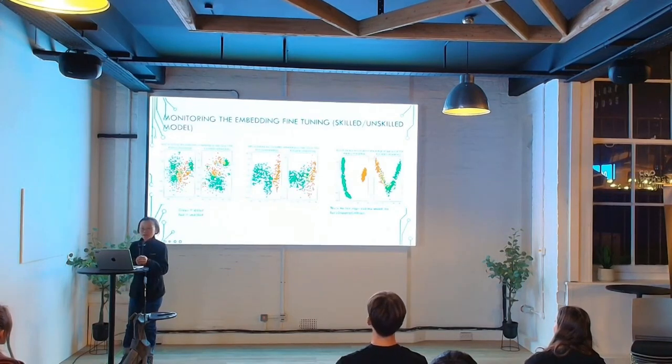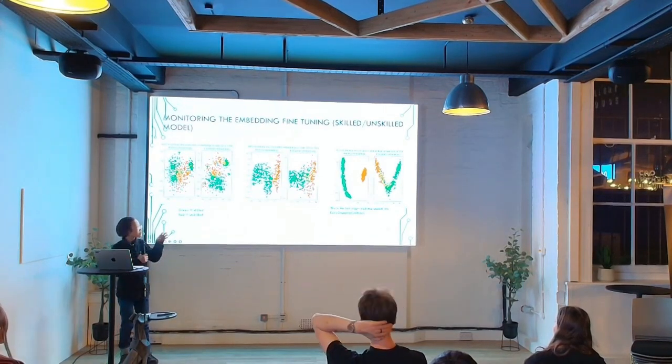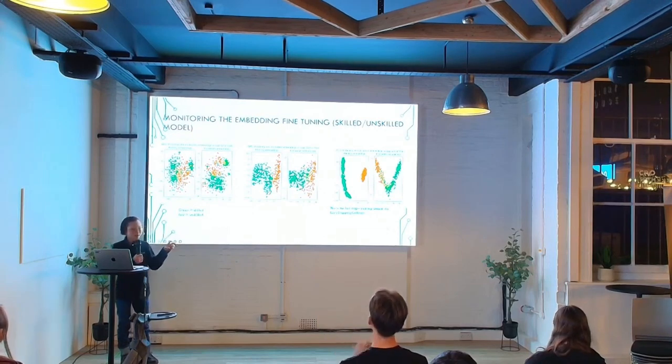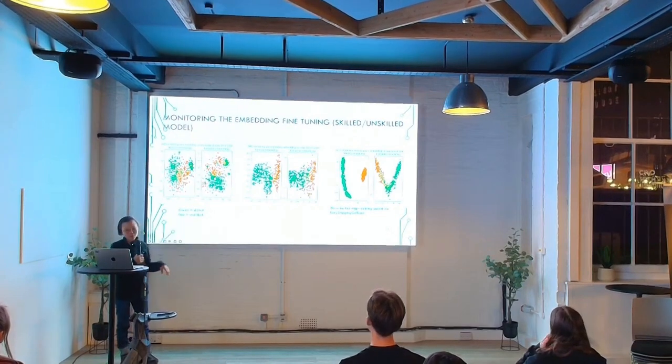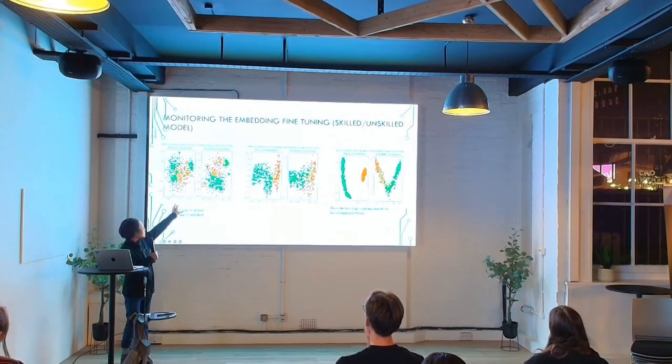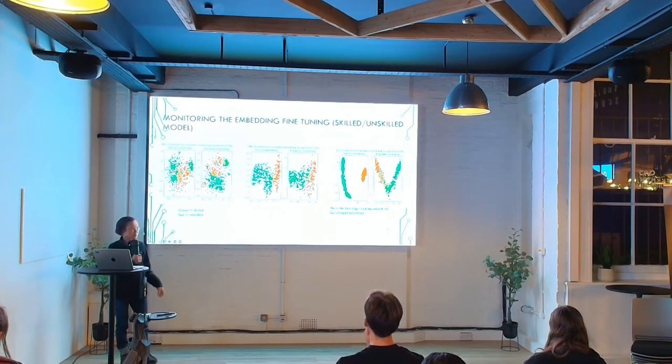And you can also observe what's going on when you train the model using this sort of contrastive setting. This is a set of plots I did when I was training the skilled versus unskilled model. So this is a t-SNE plot of the embedding space, which shrinks the vectors down into 2D.